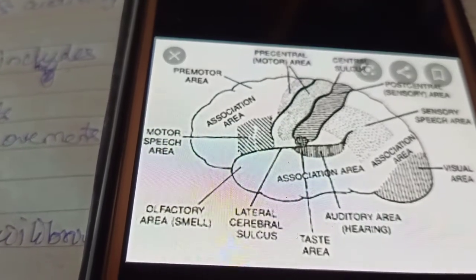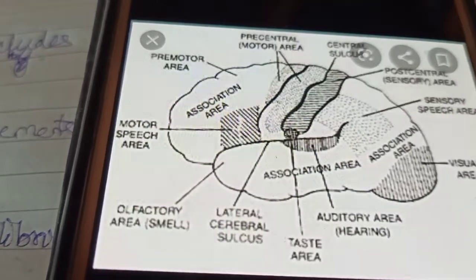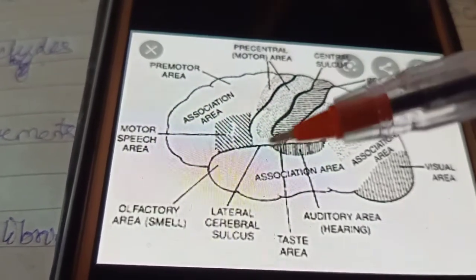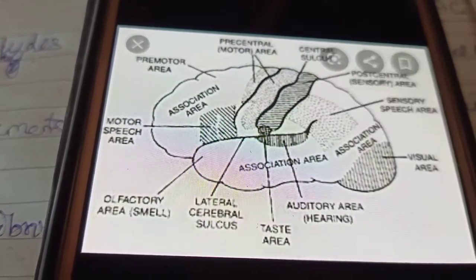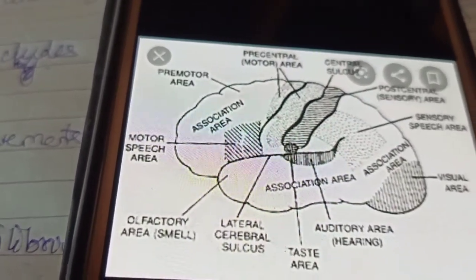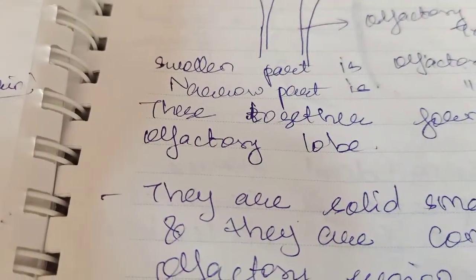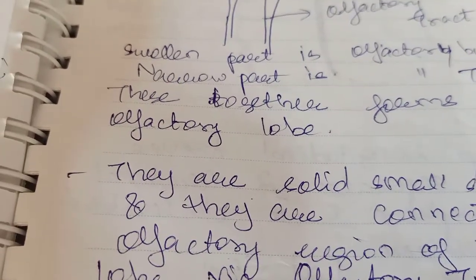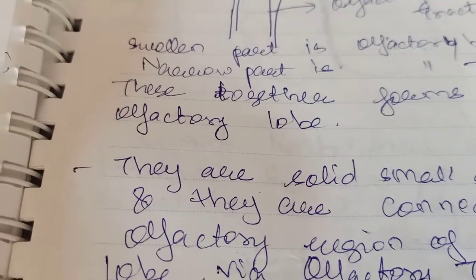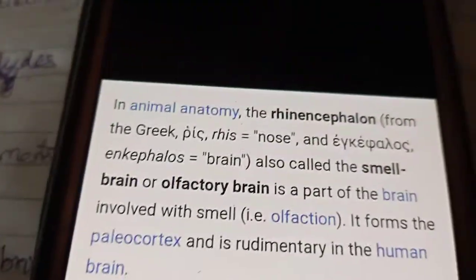The olfactory tract opens into the olfactory area of the temporal lobe, and olfactory means related to the sense of smell. So this was just an introduction to the topic I am going to teach you in detail, the rhinencephalon. What is rhinencephalon?